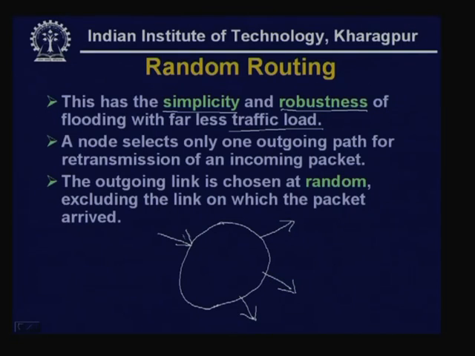As we have seen, in case of flooding, if a packet is received here, it is forwarded on all the links except the one through which it has been received. But in random routing, that is not done. The outgoing link is chosen at random, excluding the link on which the packet has arrived. That means, it is not sent through this path, but not only that, it sends through only one of the three paths. It may be at random.